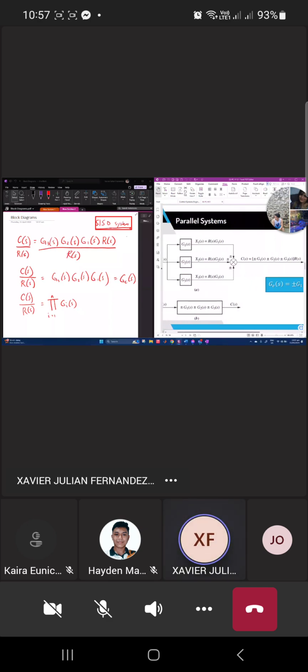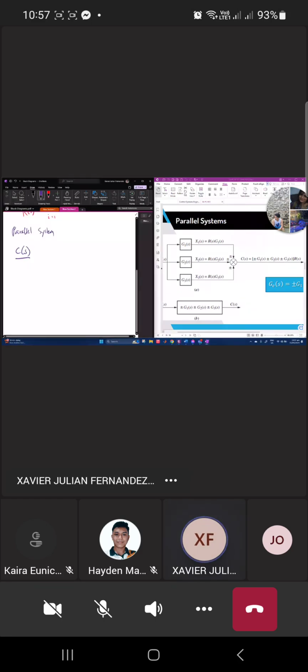Therefore, the transfer function sa imuhang parallel nga system, kana siya nga example, is equal to the algebraic sum of your Gi of S, i to N. Very simple, algebraic sum.